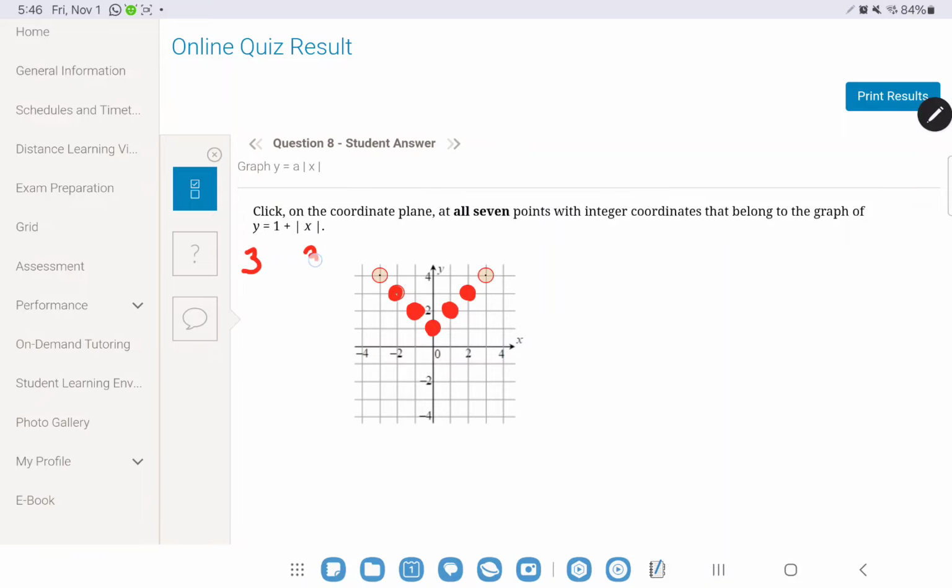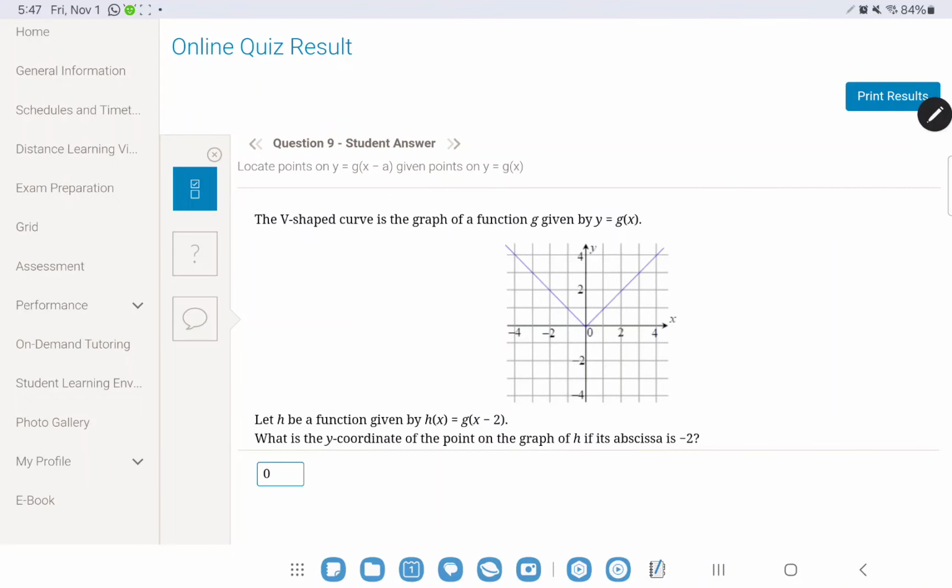When x is 3 or -3, y is 4. You could continue it, but they didn't continue their graph, so you can't continue either. And that's all 7. And you put them upward because the a is upward.